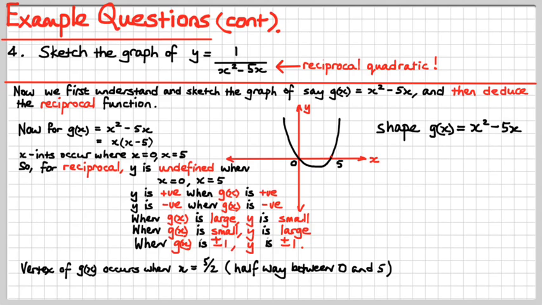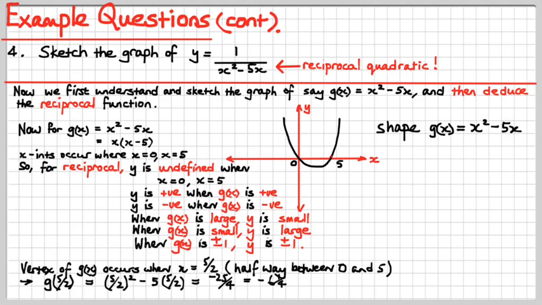Now, what I've done here is I've actually worked out the vertex of g of x, because that allows me to get a pinpoint on the vertex of the reciprocal. So I know that the vertex is going to be halfway between x is 0 and x is 5. That'll be 5 over 2. If I plug that into g of x, you'll get the y value of the vertex, which looks like minus 6 1/4. Yes.